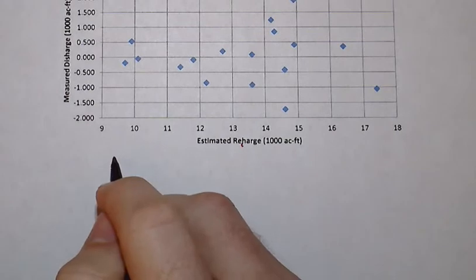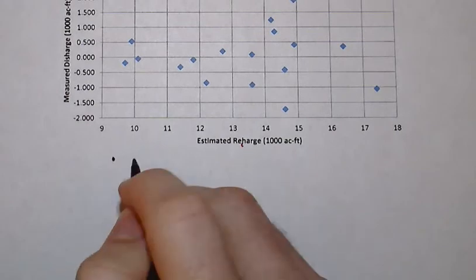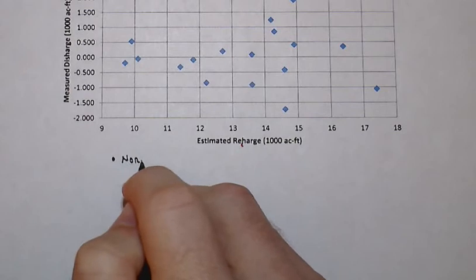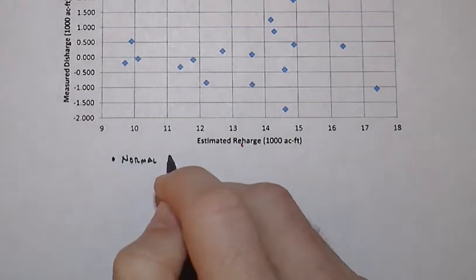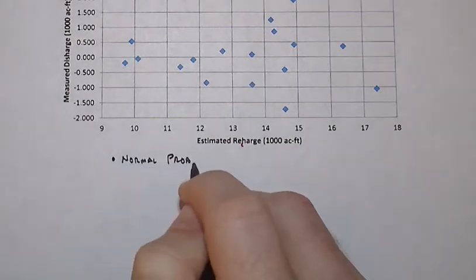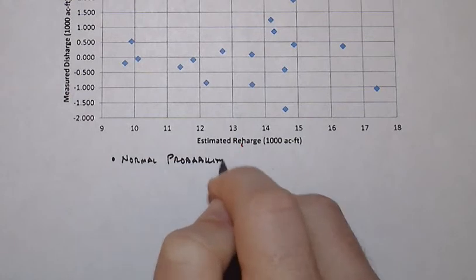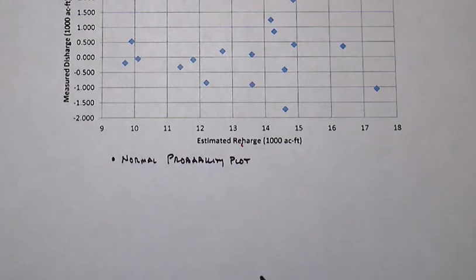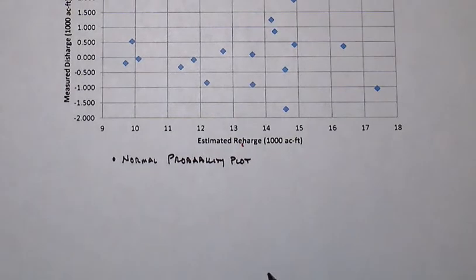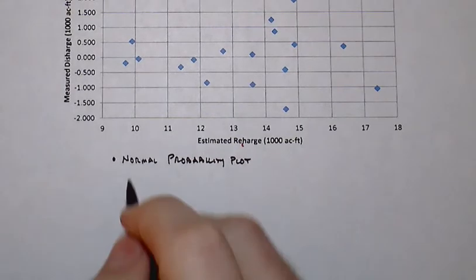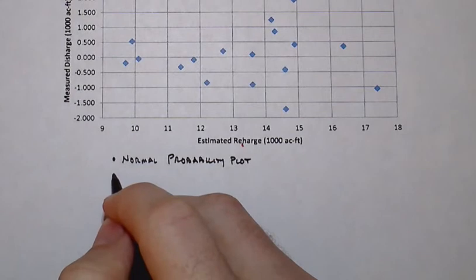So what we tend to do in these residual analyses is look at whether or not we really have a normal distribution. So you could do a normal probability plot associated with the residuals. That's one approach. And you could do a chi-squared goodness of fit test as well.